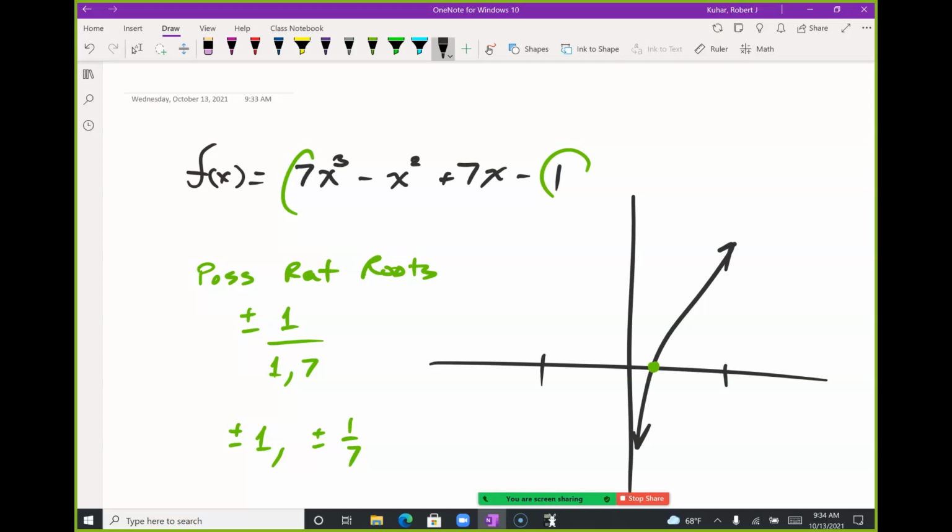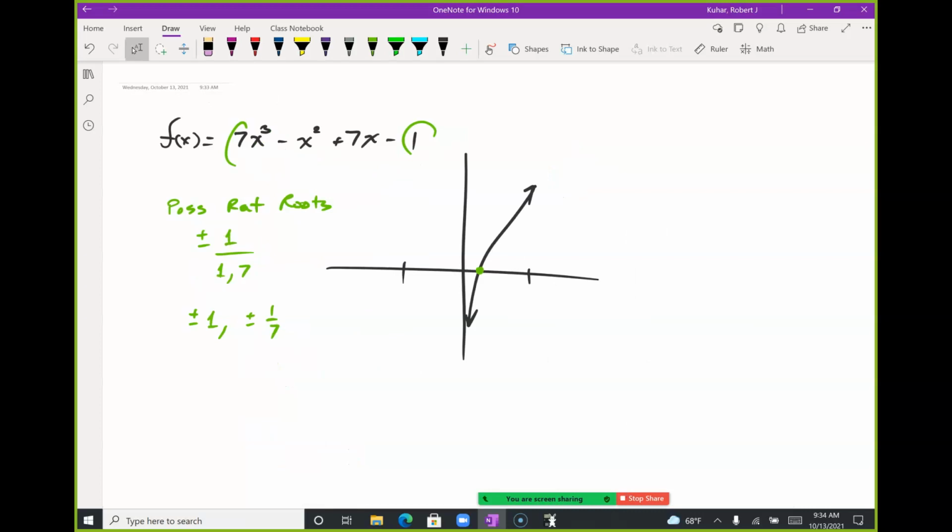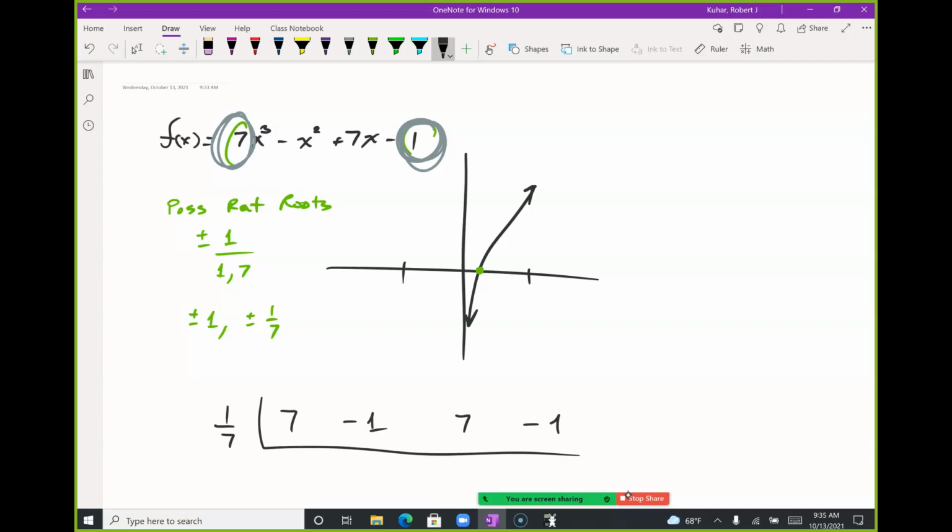Wait, how'd you do that one more time? What? How did I do what? The possible rational roots. Yes, 1 over 1 factors, and 7. Factors of the constant divided by factors of the leading coefficient. Gotcha. And so I think it's 1/7, so I'll double check with 1/7. That's the one that seems to make the most sense. So I got a 7, a negative 1, a 7, a negative 1.